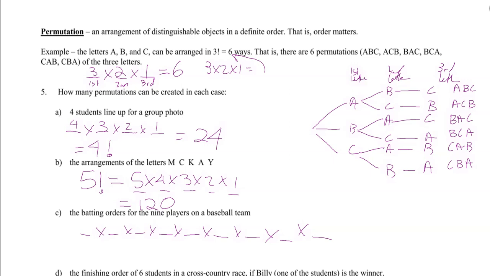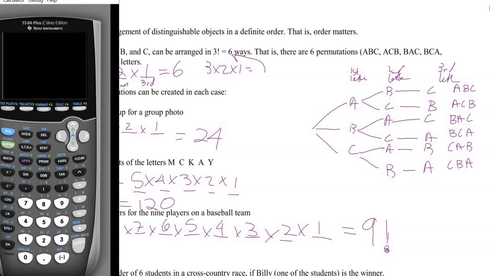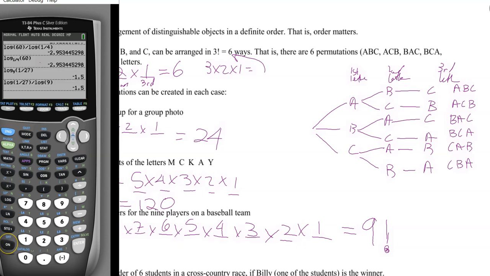And then, what's another way to say that? 9 factorial. Okay, so this comes up a lot. What is there on our calculator that's going to do this? So calculator's out at the ready.